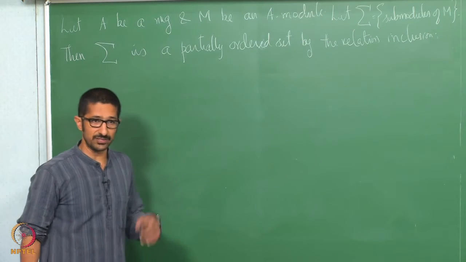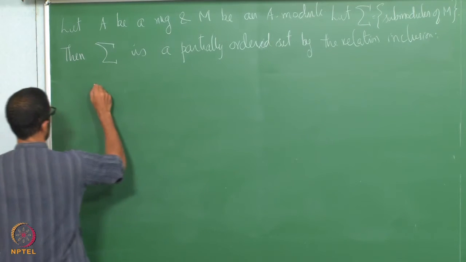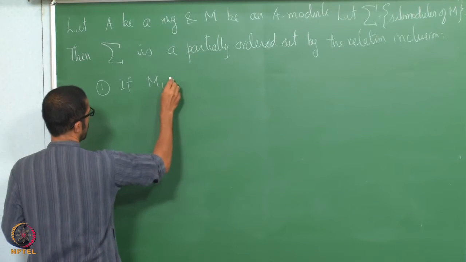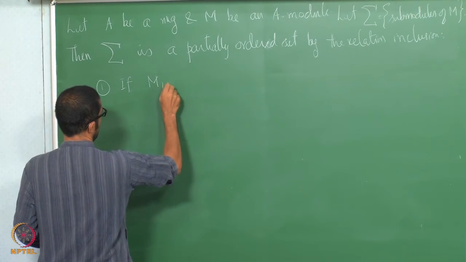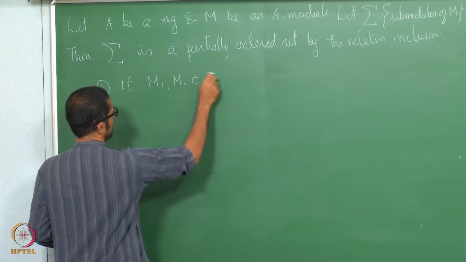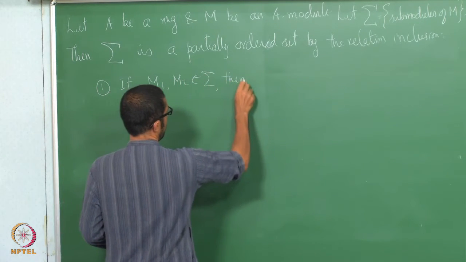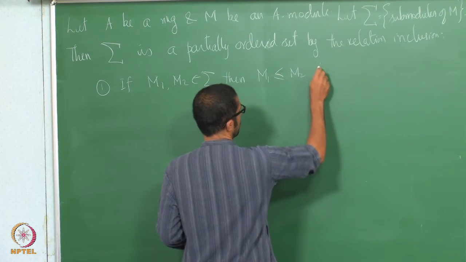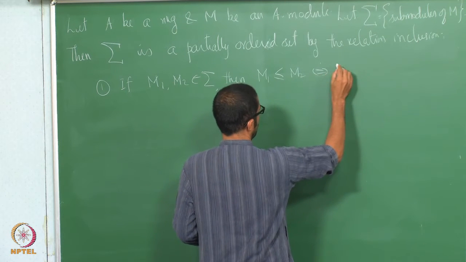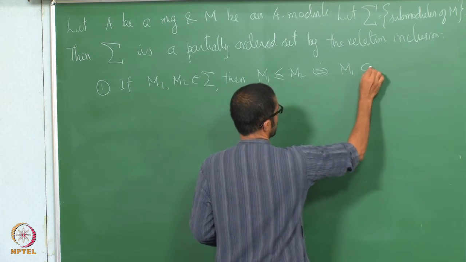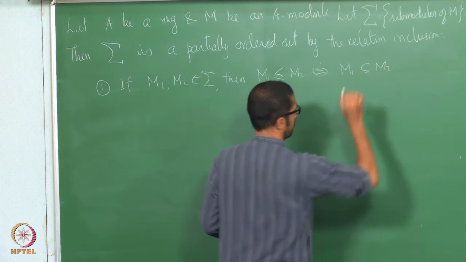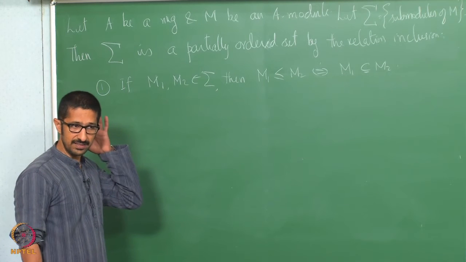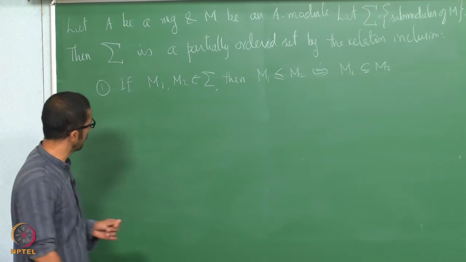Now, there are two ways you can say that. One is that if M1, M2 are in sigma, then M1 is less than or equal to M2 if and only if M1 is contained in M2. This is one way of saying.